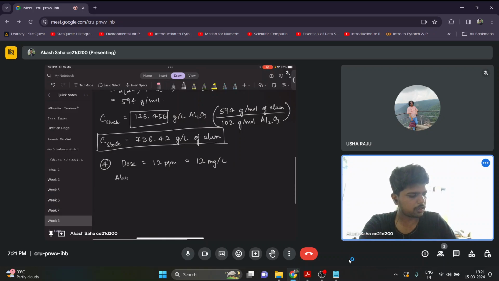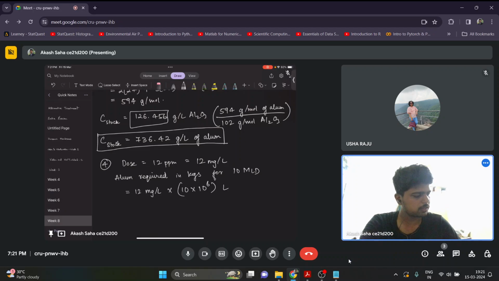So my alum required in kgs for 10 MLD will be equal to 12 milligram per liter into 10 million liters, so 10 into 10 to the power 6 liters per day, into, now we will change milligram to kg, so 10 to the power minus 6 kg per milligram. So it will come as 120 kgs.